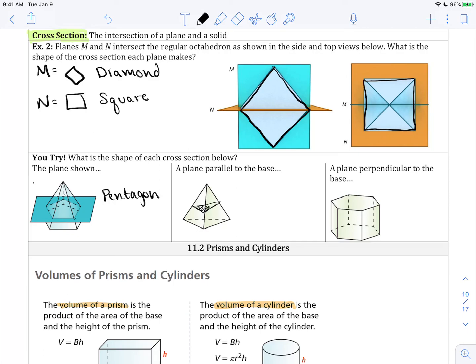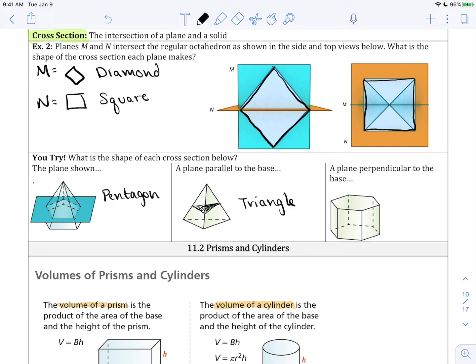So if it's parallel to the base, you get a cross section that's a triangle.